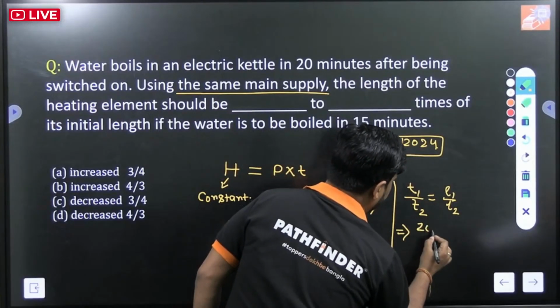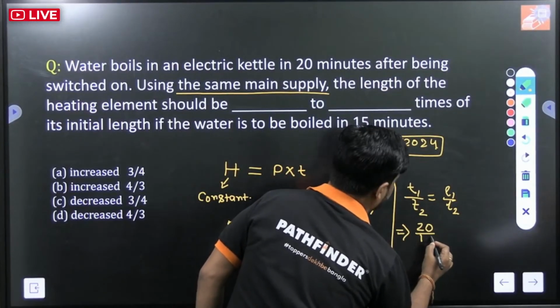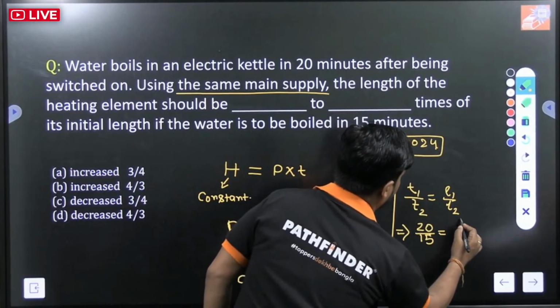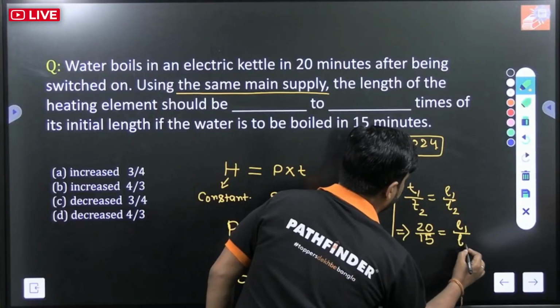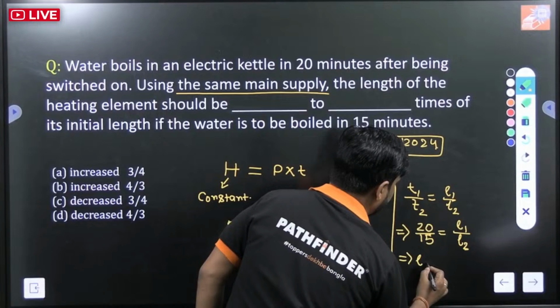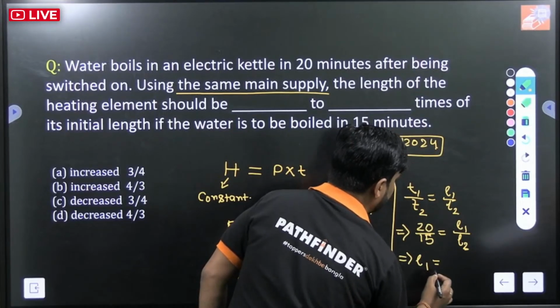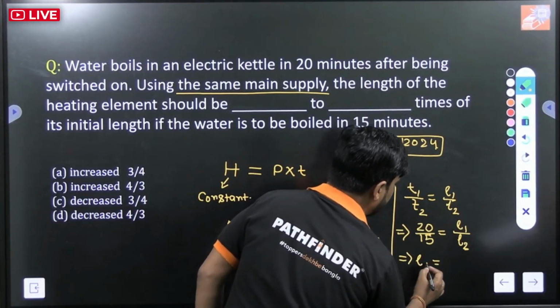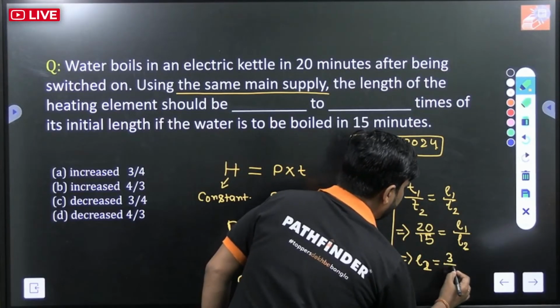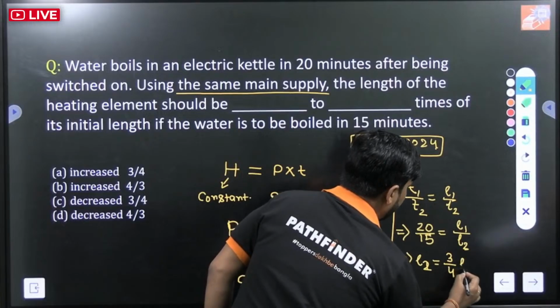And what is the value of T2? It is 15 minutes. So that is equal to L1 by L2. We have to calculate L2. So L2 will be equal to 3 by 4 of L1.